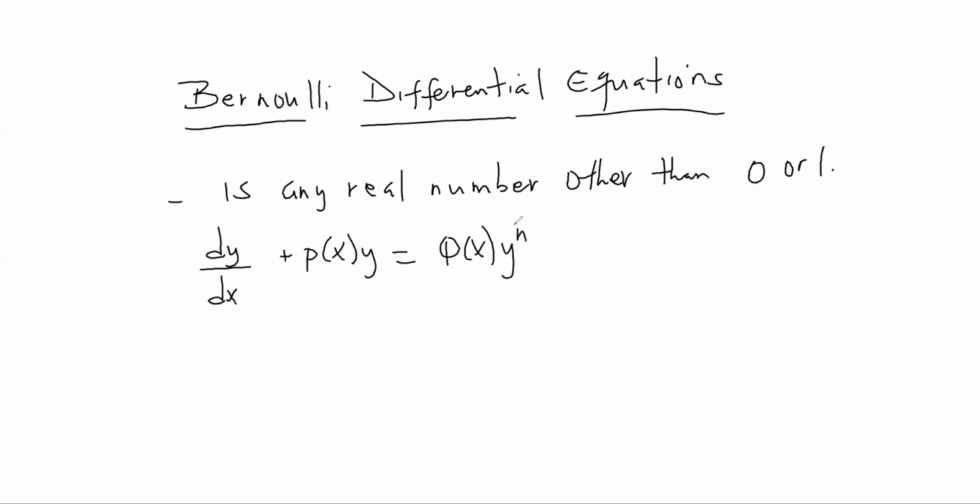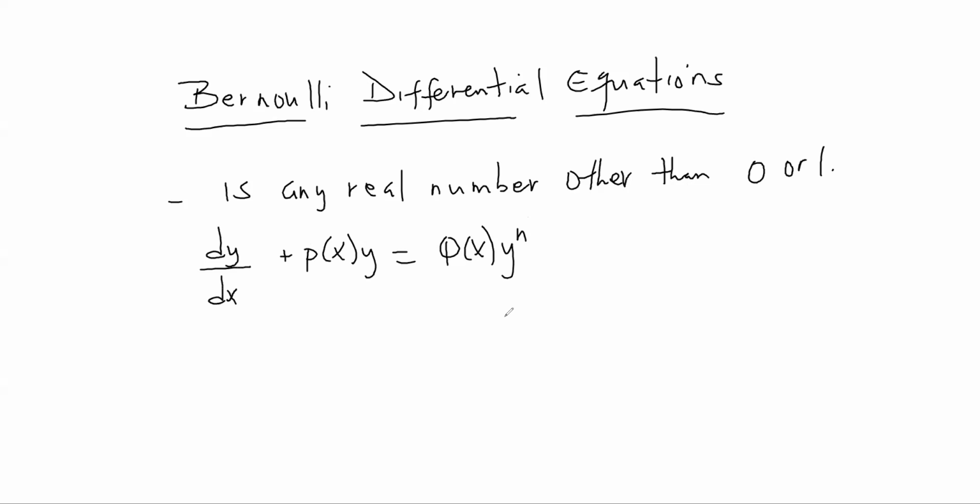So this portion makes this equation different from the first order linear differential equation. So this n is a parameter, and this parameter is any real number other than 0 or 1. So take that into consideration.